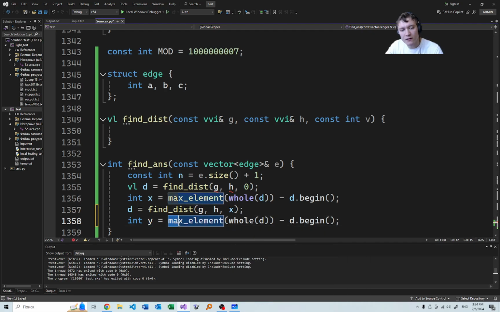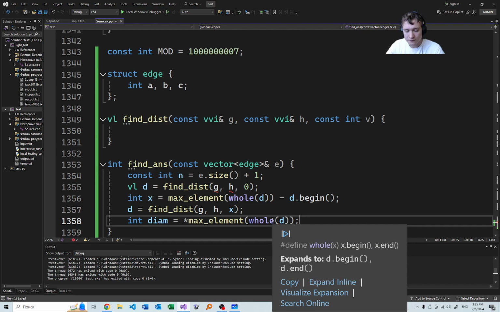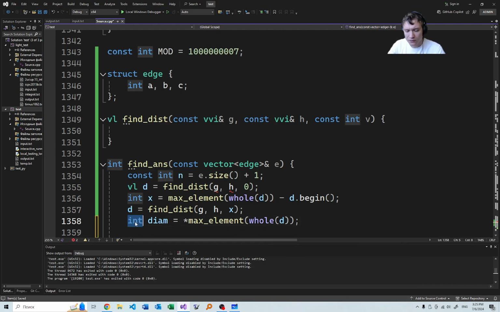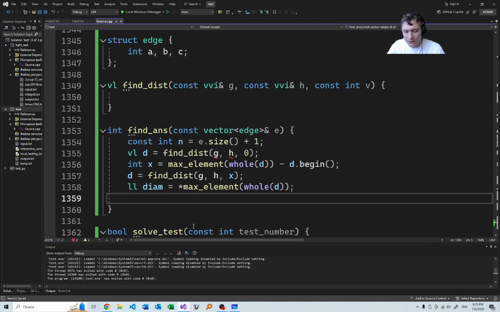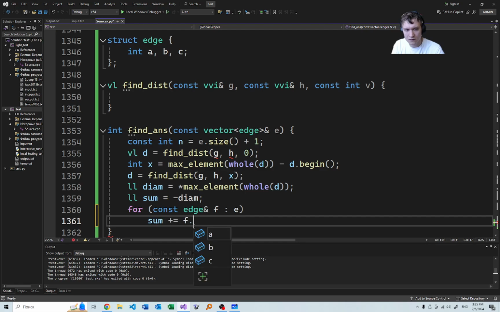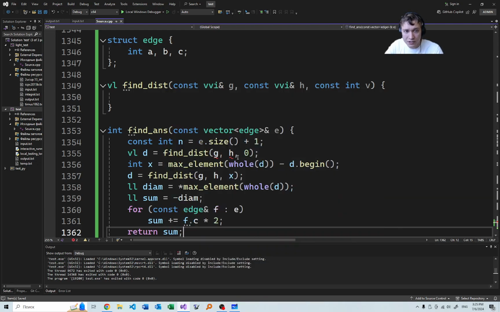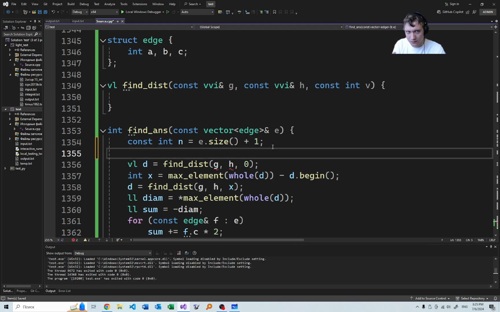This time actually we just need the diameter. So we need this max element. So this is the diameter. Actually long. Then we take minus diam, and then we need to add up all edges. Good. So actually we only need to fill g, h and find dist.